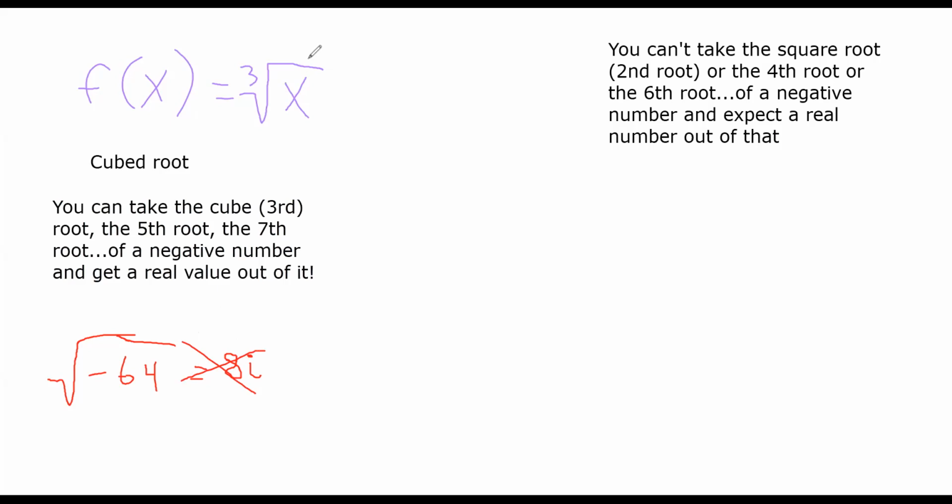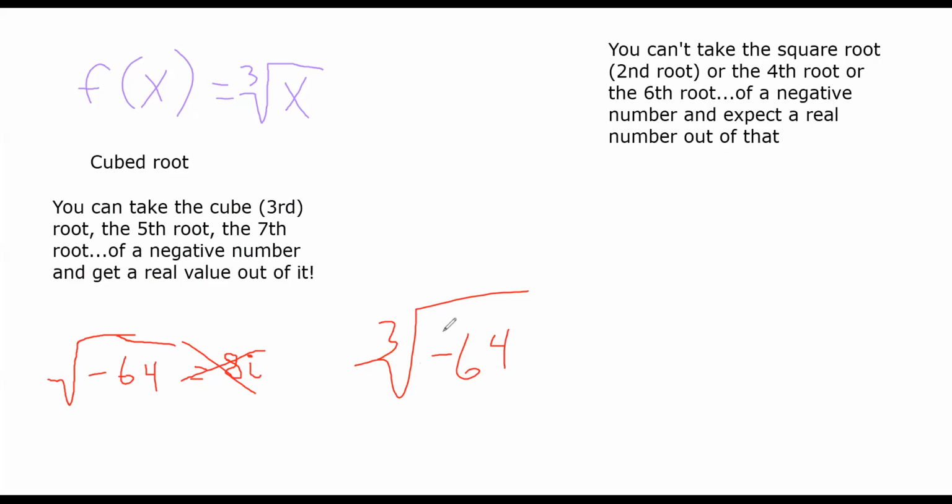But let's think about what the cubed root of negative 64 would be. Cubed root of negative 64. So if you're taking the square root, you're looking for a number that multiplies by itself and gives you whatever you're taking the square root of.